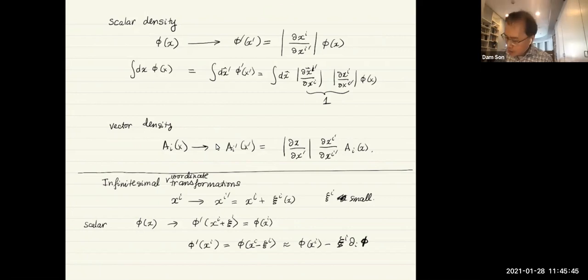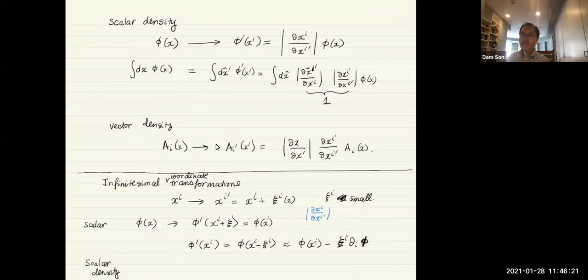Okay, so now for a scalar density, we just need to multiply the whole thing by the Jacobian of the transformation. So these Jacobians have to be computed. This is the thing that is ∂x^i/∂x'^i.